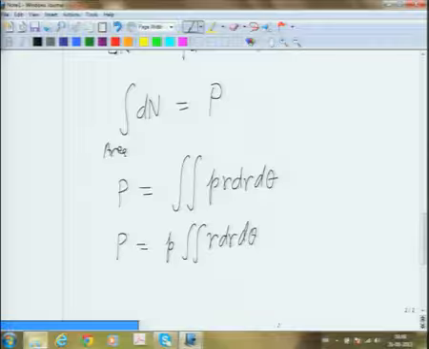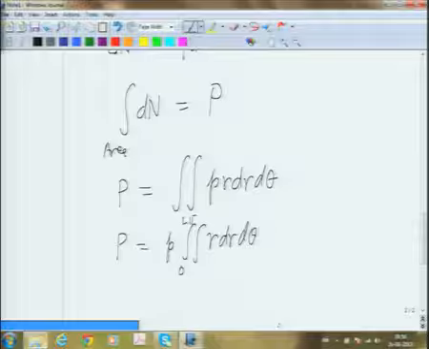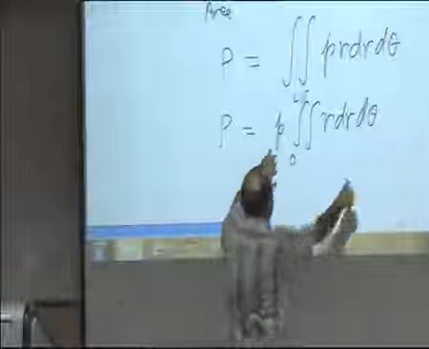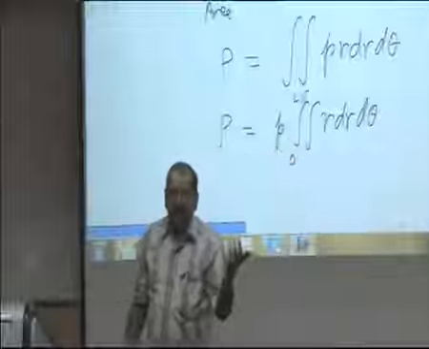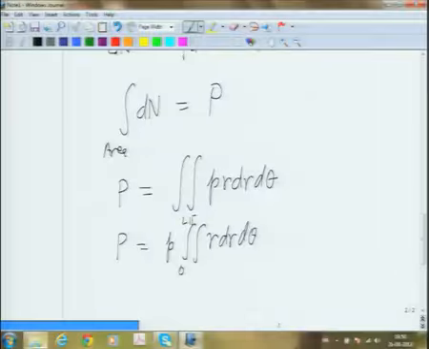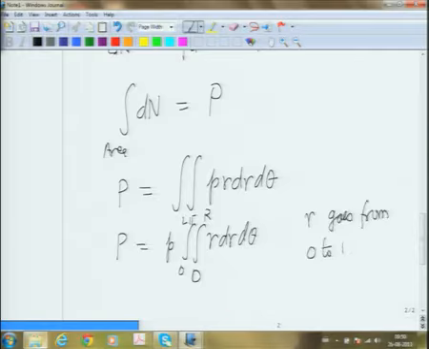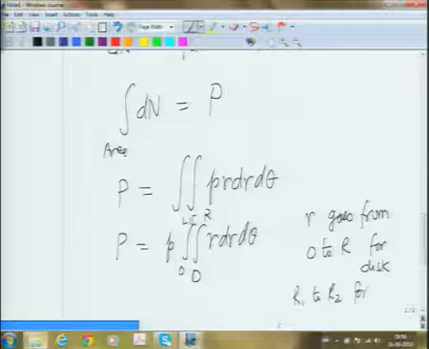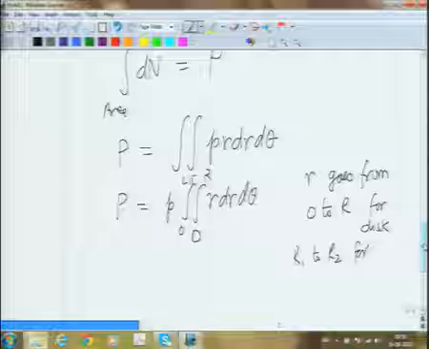If it is a full circle, then theta will go from 0 to 2 pi, and if the pressure is not changing with theta, then this integral over d theta will just become 2 pi, and then I have integral r dr, and r goes from 0 to capital R for a disk, and it goes from R1 to R2 for a collar.